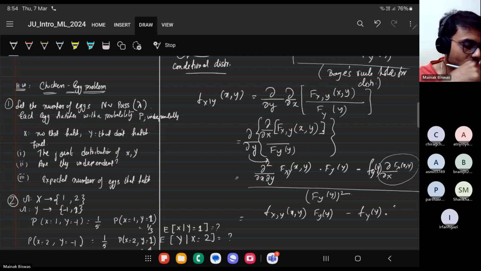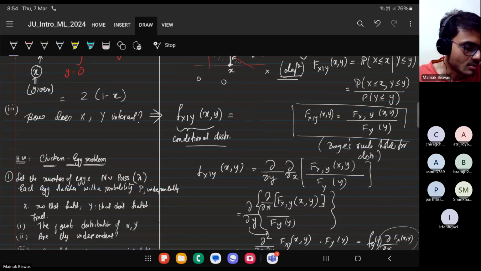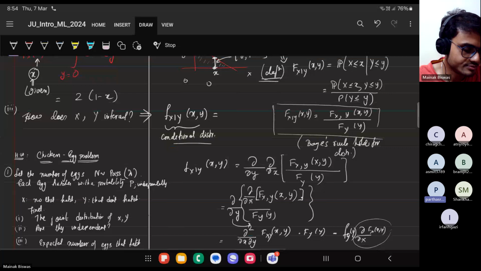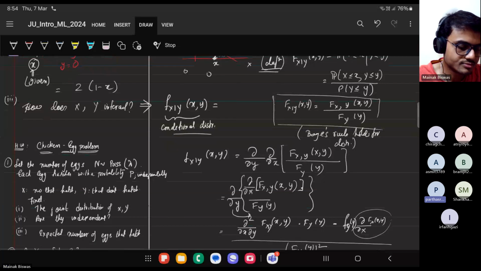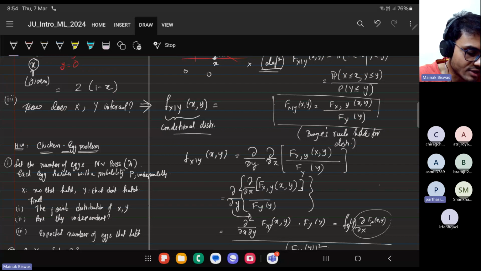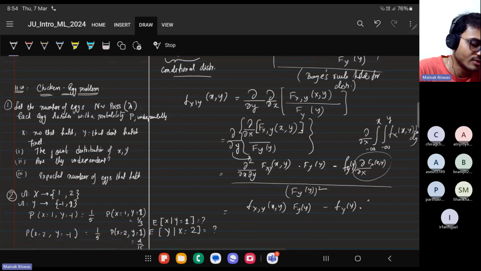It will not be the marginal PDF of x, because it's a derivative, right? You have to define these derivatives, minus infinity to x, minus infinity to y, dx dy. Then you will get it, and then you take the derivative. So a little bit of calculation and you will see.